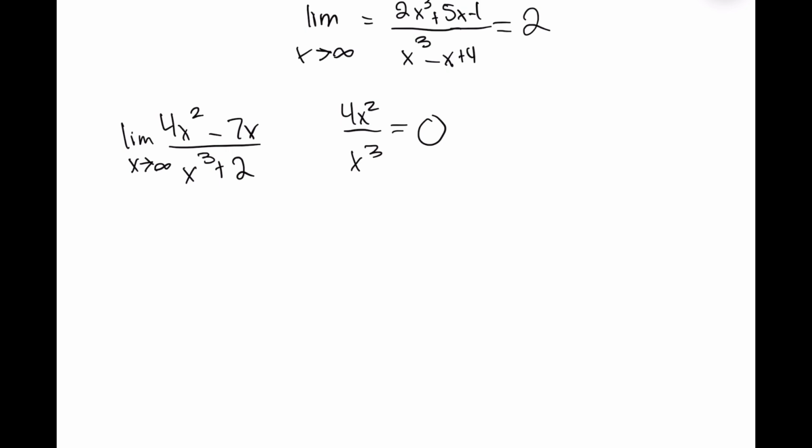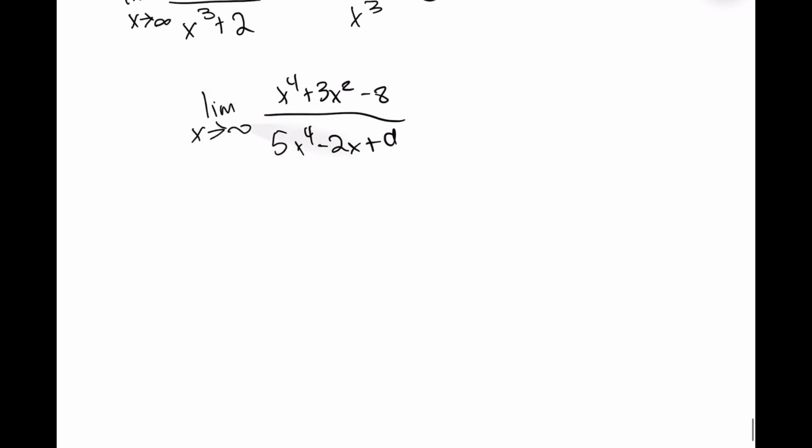Let's do another one. Let's say we have x to the 4th plus 3x squared minus 8 over 5x to the 4th minus 2x plus 9. Take some time to do this on your own, but let's get started if you're still here.